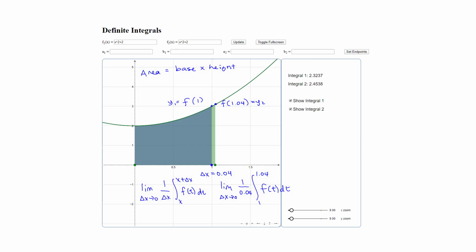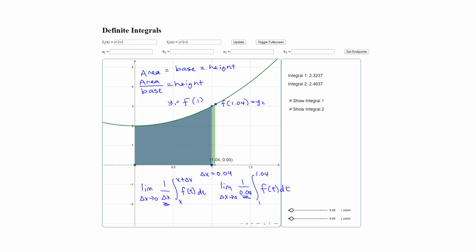And I'm calculating the area through the integral. The base is delta x. So if I take the area divided by delta x, which is this term right here, I'm dividing it by the base, and that gives me the height of the curve. So this is effectively giving me an average height within this small interval.